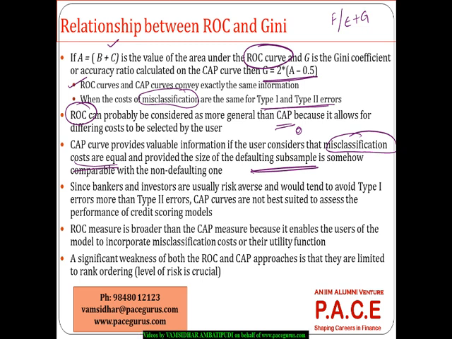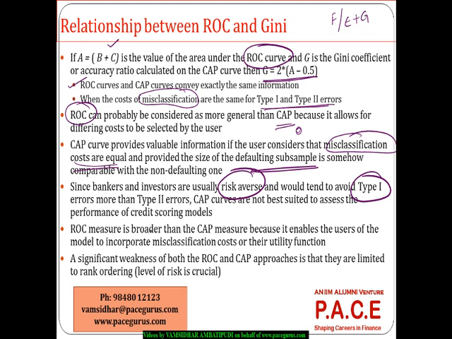And typically, from the banker's perspective and investor's perspective, they are very much risk averse. They don't want any type 1 errors cropping up. So because of that, their costs of misclassification are always different for type 1 versus type 2 errors, which means I can't directly use the CAP model as an effective model for credit scoring purposes.